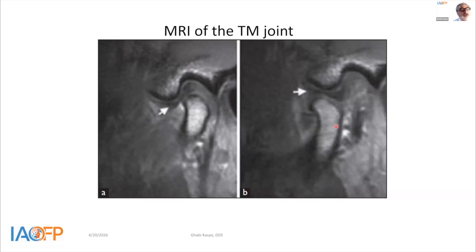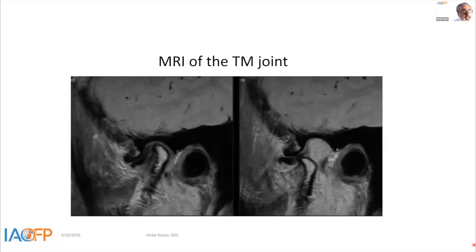And when the patient here opens their mouth, you know the disc gets in the right position. So this is 11 o'clock position. Now it's about 1 or 12 o'clock position. This is a normal joint. Now, if you can see here, this is the disc, the black area. It's in front of the condyle. So it's a displaced disc here.